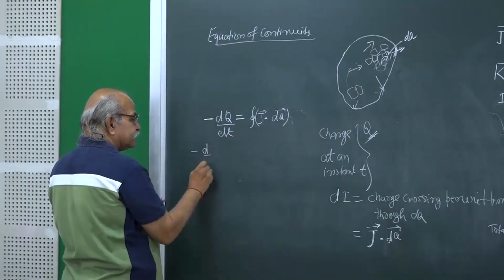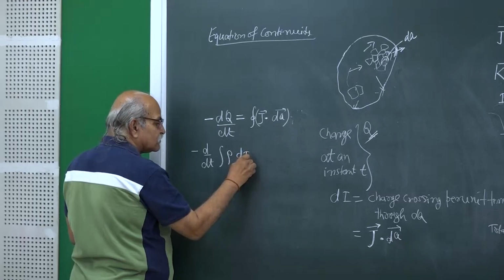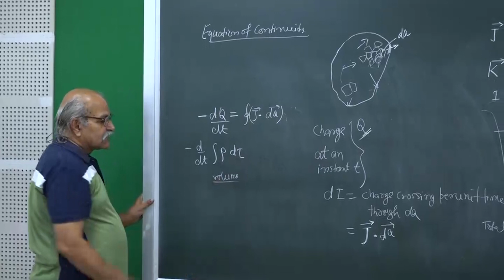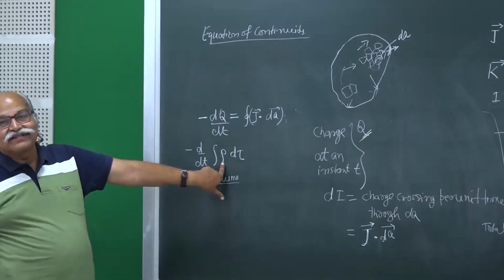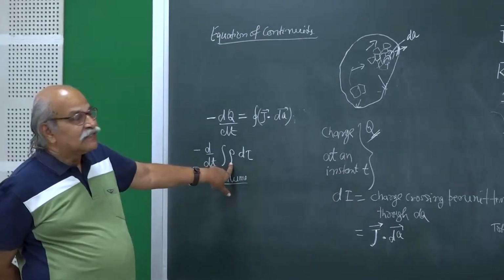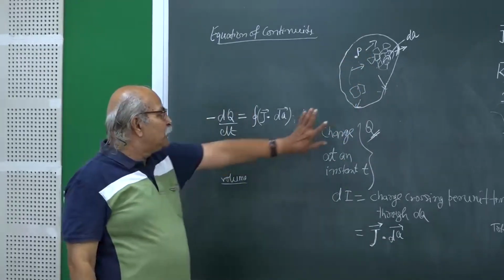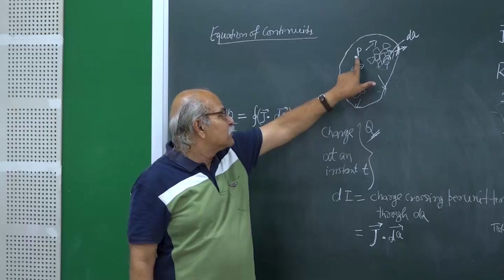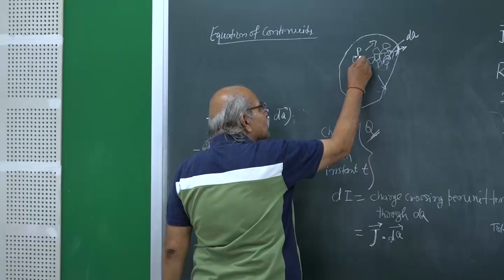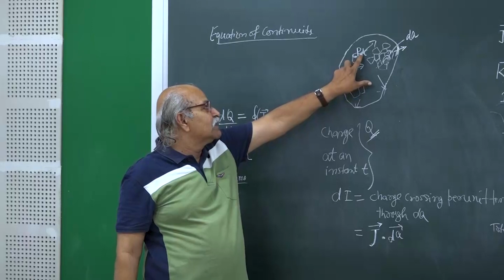What is this q? Q is rho d tau integrated over the entire volume. See, rho is the volume charge density, so rho is charge per unit volume. If at this point your charge density is rho, it may not be uniform in this entire volume. At this particular point, if the charge density is rho, and here I make a small volume d tau, then how much is the charge in that d tau?